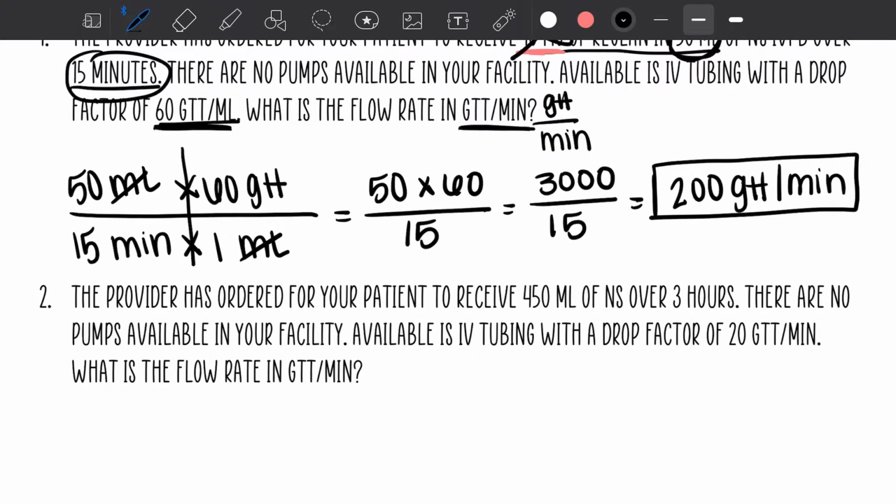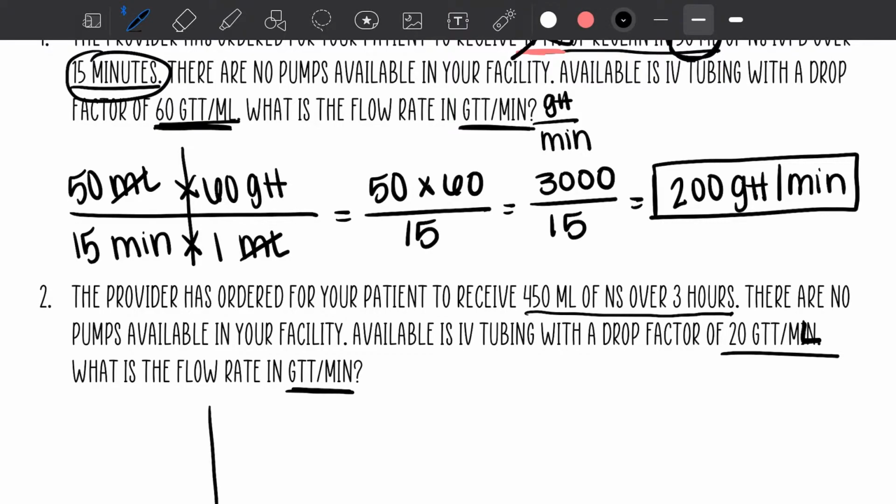All right, moving on to our next problem. Our doctor wants our patient to get 450 milliliters of normal saline over the next 3 hours. Again, we have no pumps, but we have a drop factor of 20 drops per milliliter. And we want what the flow rate is going to be in drops per minute.